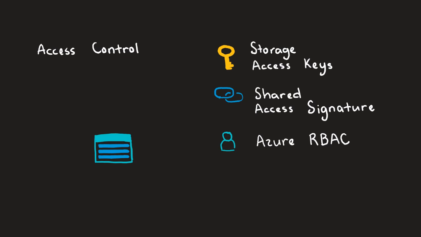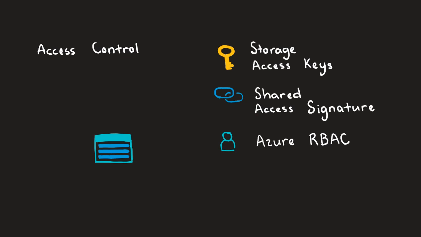That means you can't get very specific. If somebody needs to access just a specific subfolder or subdirectory within your Azure Data Lake storage, you cannot do that with the Azure RBAC roles. But the easy thing about them is that you have built-in roles like Azure Storage Blob Contributor, Azure Storage Blob Reader, and so on. If you have users that need access to the whole storage account, it's really easy to give using that role.